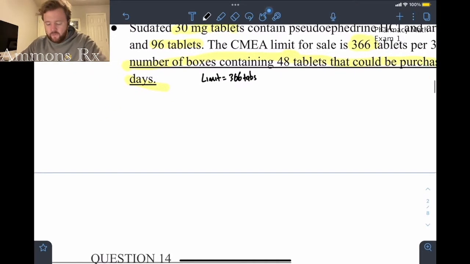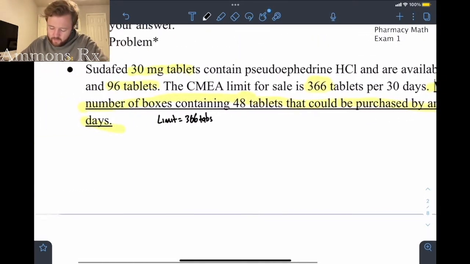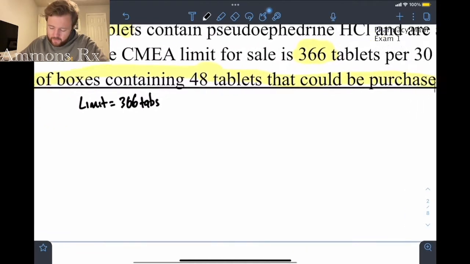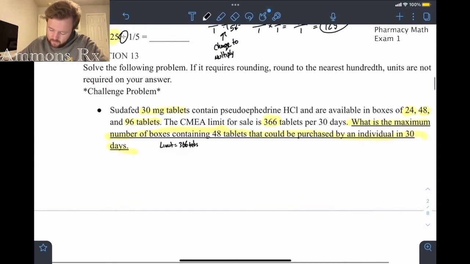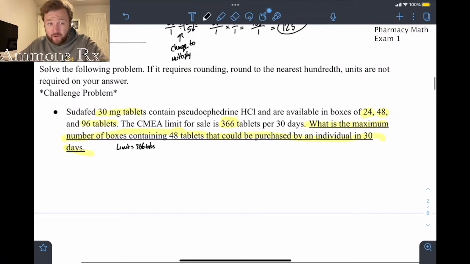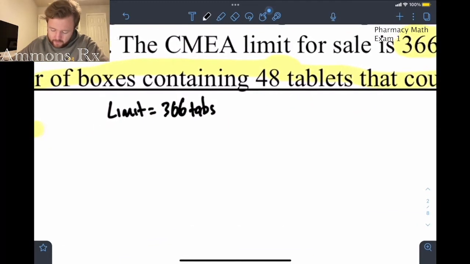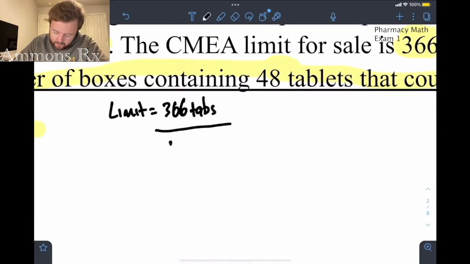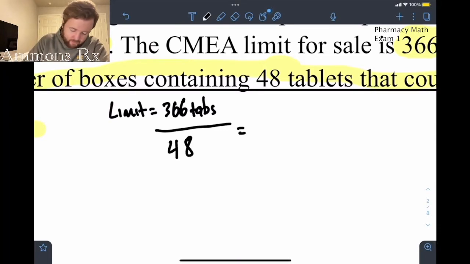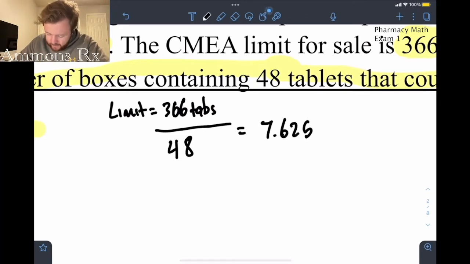So we need to ask ourselves, okay, we have certain box sizes, 24, 48, 96. How many can I take out that are 48 count? Okay, so pretty simple action here. We just need to divide by 48. 366 divided by 48, that is 7.625.